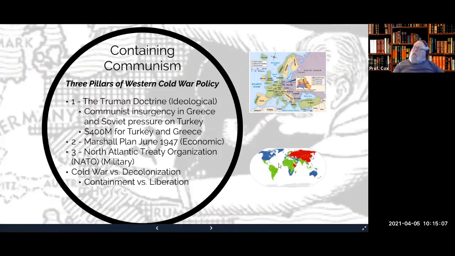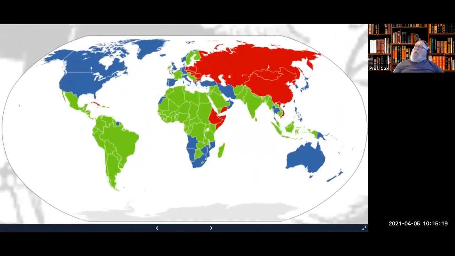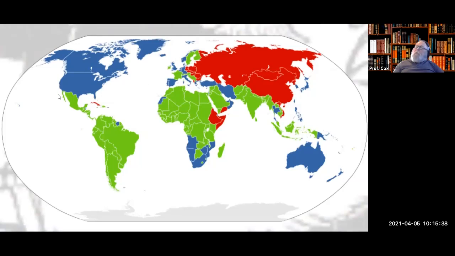But the rest of the world was under a different set of pressures. Okay, and let me just show you here where we see the Cold War happening: it's in the Northern Hemisphere, right? And the Southern Hemisphere, I should say, is experiencing a different crisis.